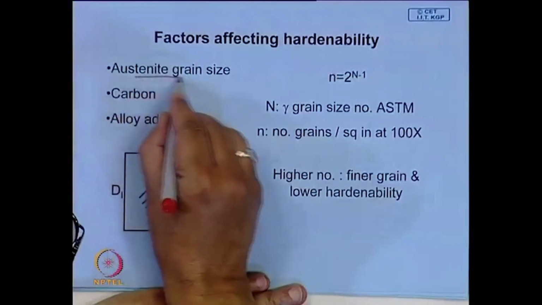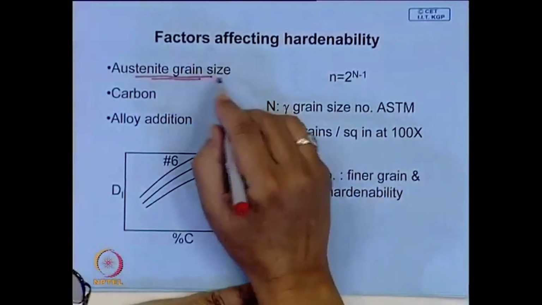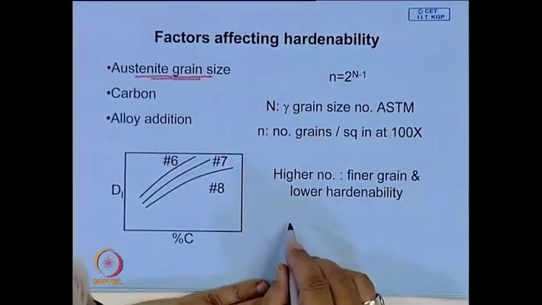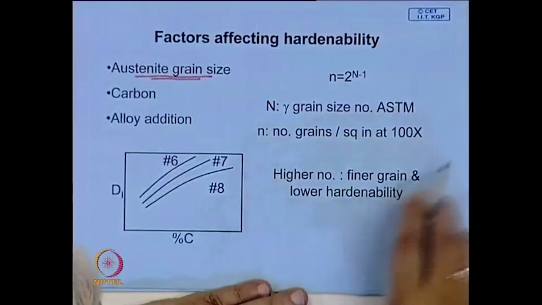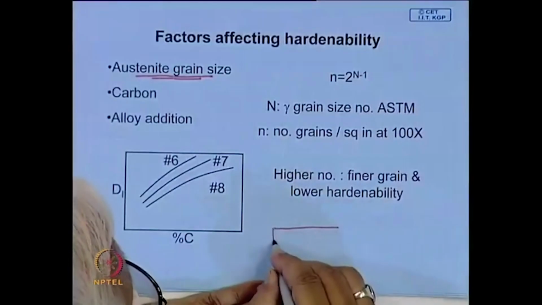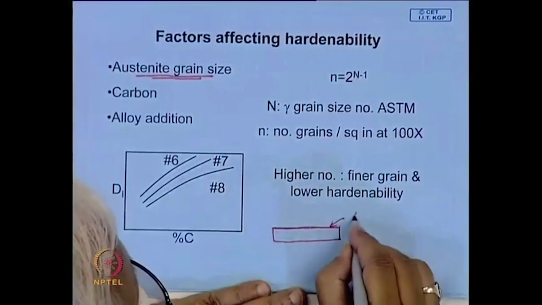I think this method of determining austenite grain size was talked about earlier. It is also possible that in the Jominy end quench test, after you have measured the hardness, you develop the microstructure.